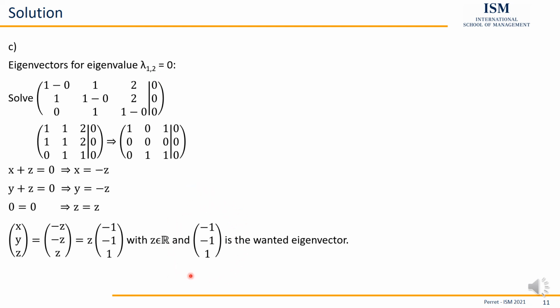And here we can differentiate between the algebraic and the so-called geometric frequency. Geometric in this context means how many eigenvectors can I find? It will always be at least 1, but it is also smaller or equal to the size of the algebraic frequency, so the number of times the eigenvalue is present.